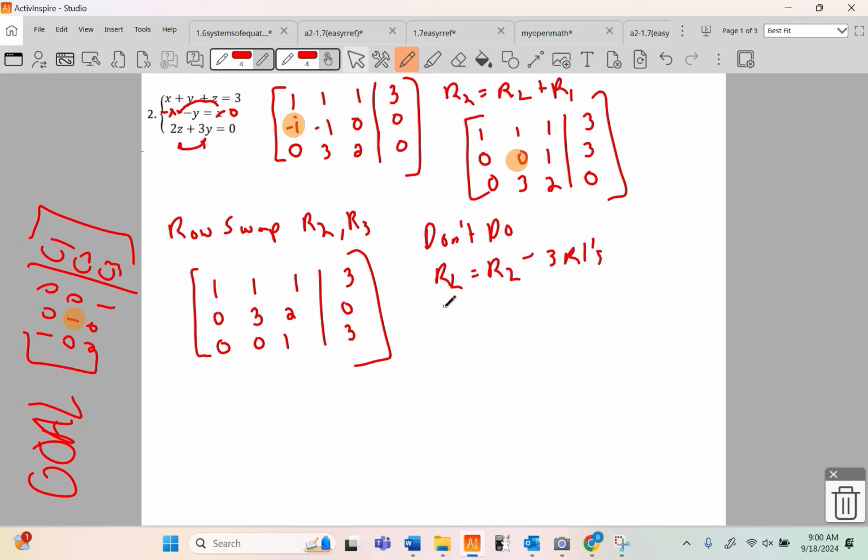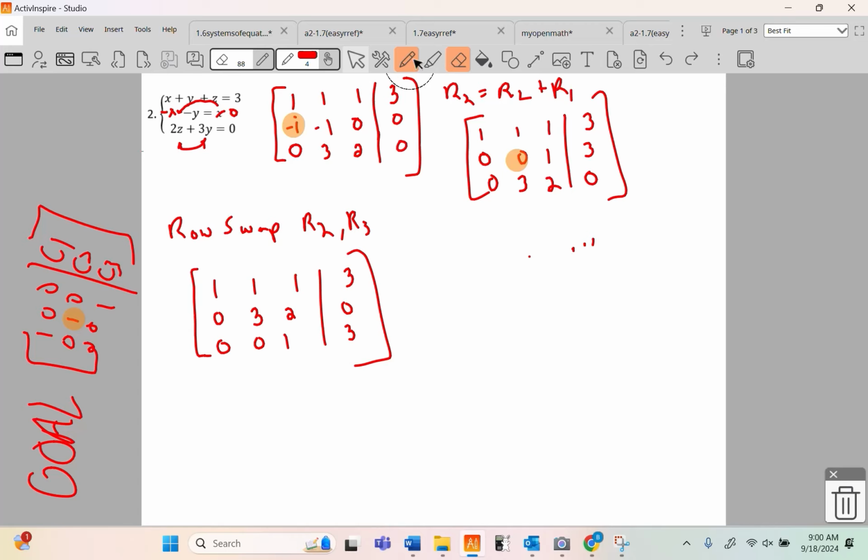And I'm going to show that because of what happens. 0 minus 3 1s is negative 3. 3 minus 1 is 0. Or, sorry, I should have said 2 row 1s. Don't do something silly like that. 0 minus 2 1s is negative 2, and that's the issue. That put a number where you didn't want a number. So don't do that.